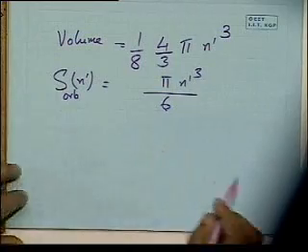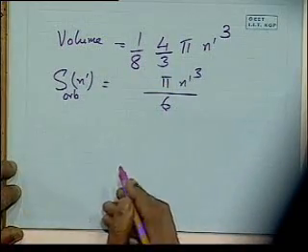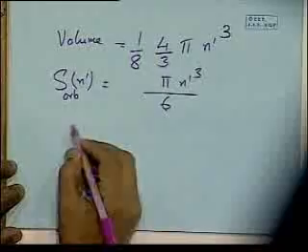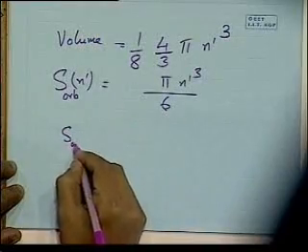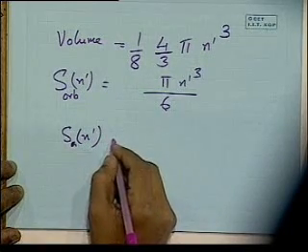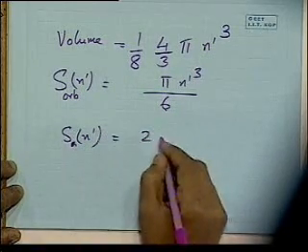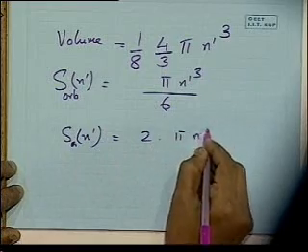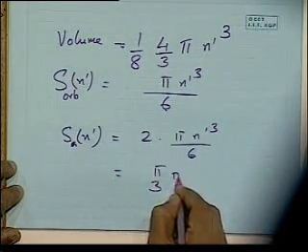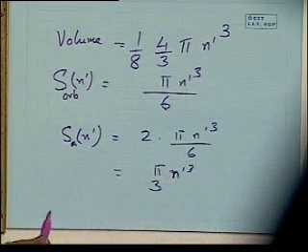Now one more addition we can do to this is that each orbital state can occupy a maximum of how many electrons? 2, taking into account spin. So the total number, including spin, that we can have is then given to us by twice this, or simply pi by 3 n dash cubed.